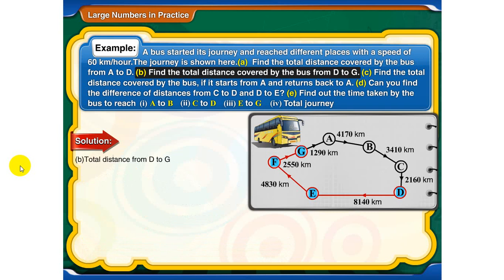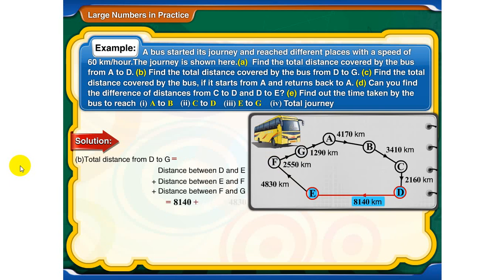Total distance from D to G is equal to distance between D and E plus distance between E and F plus distance between F and G. That is equal to 8,140 plus 4,830 plus 2,550, which is equal to 15,520 kilometer.